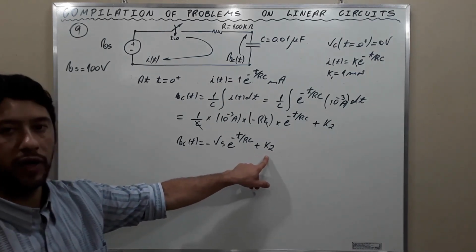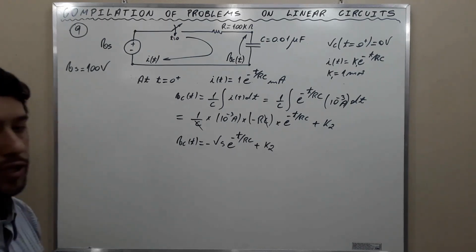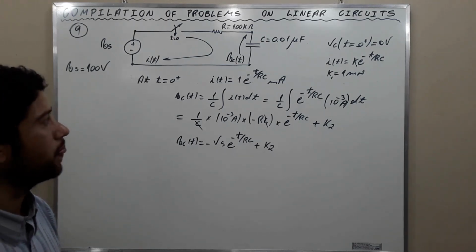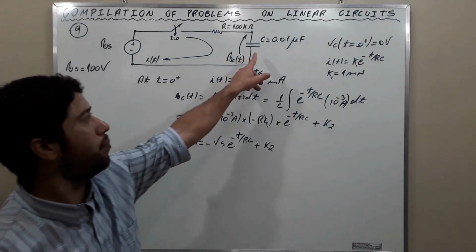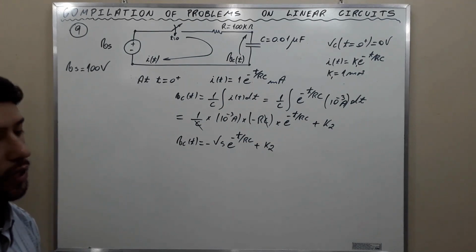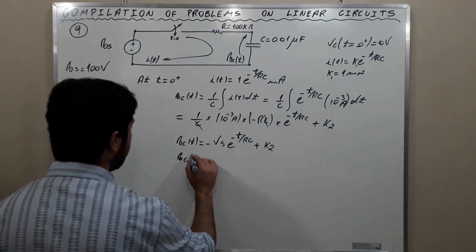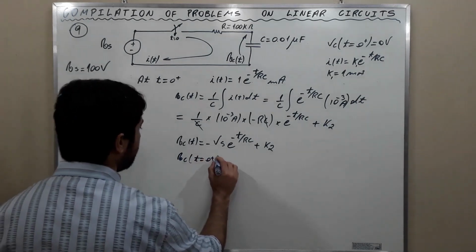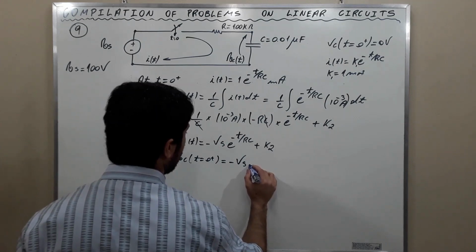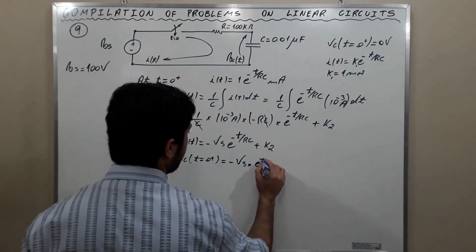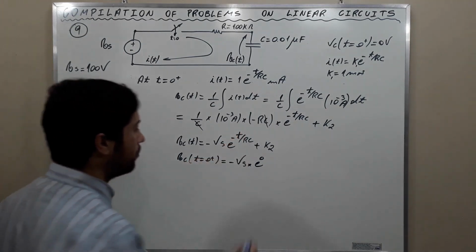We need to find the value of K2 now. How do we do it? Let's consider the initial condition. At t equal to 0, the capacitor behaves as a short circuit. And in this way, Vc of t equal to 0 plus is equal to negative Vs times e to 0. Okay, we put 0 in the place of t, plus K2.